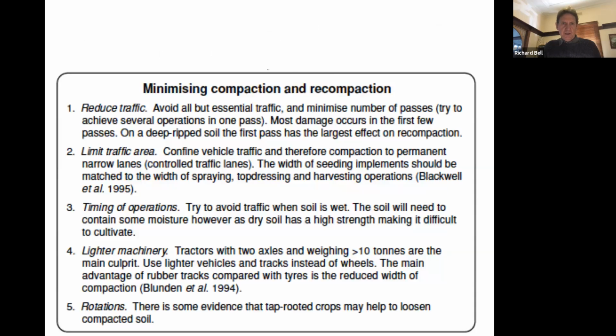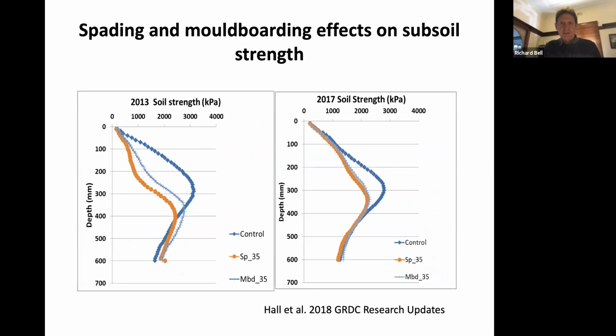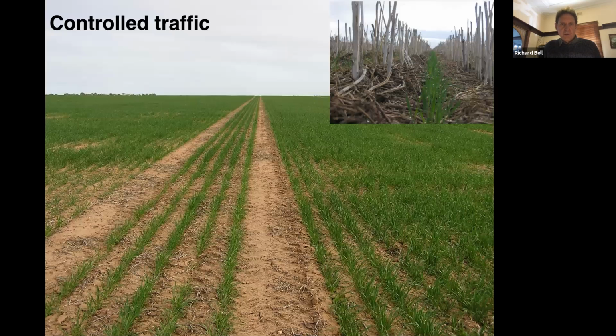So look, I think I might leave it there. There's a few other slides. Controlled traffic is obviously a great breakthrough in terms of maximising the value of deep ripping, because otherwise within 2 or 3 years, soils will recompact.